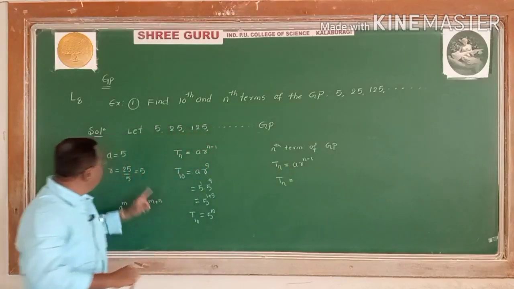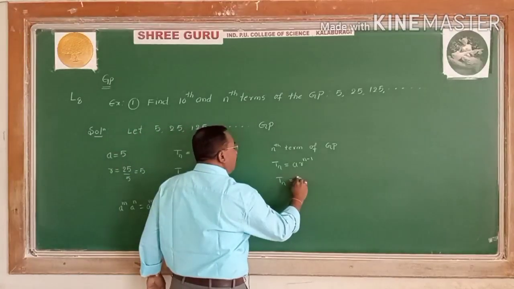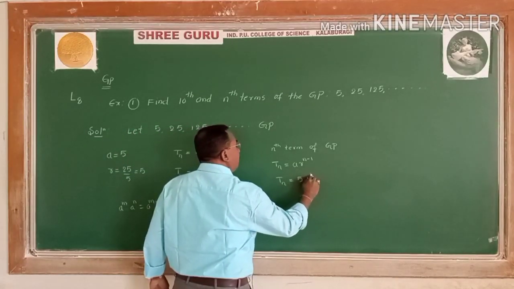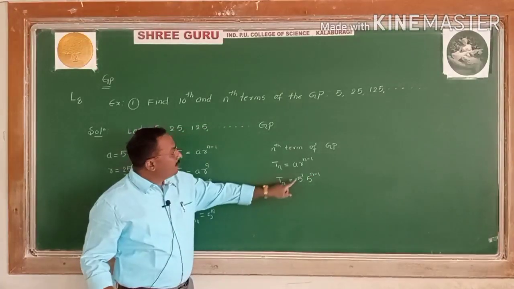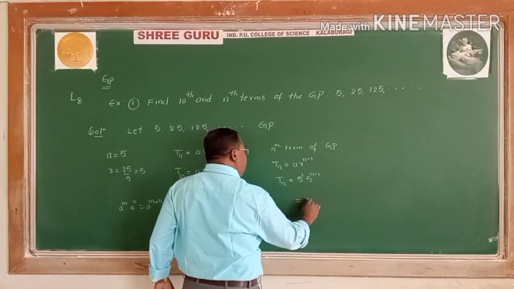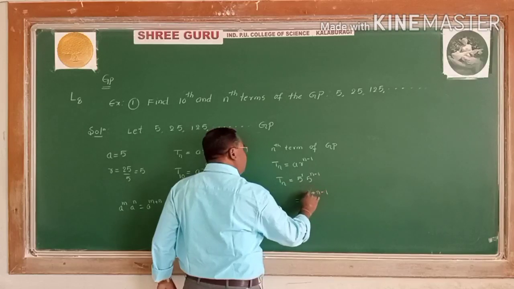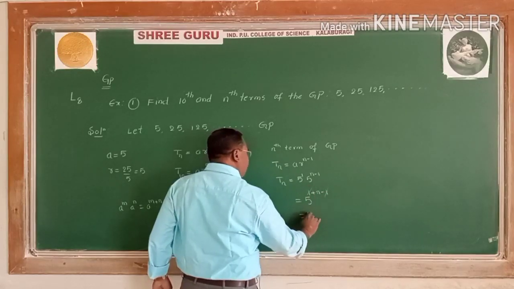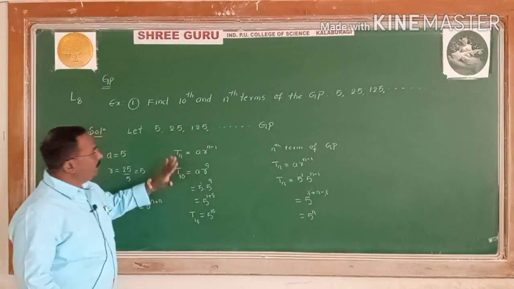A is 5, r is 5. 5 into 5 to the power n minus 1. Same base, the powers should be added. If there is no power, consider 1. Base is 5. Here 1 plus n minus 1, plus 1 and minus 1 get cancelled, 5 to the power n. That is the answer. Any doubt?